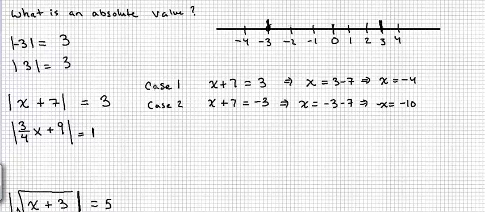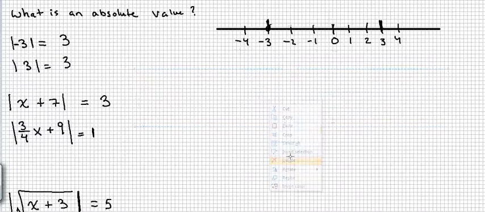Okay, let's clear this and look at this one. This is a little bit more complex, but the idea is still the same. So we have an absolute value equaling 1. That means that at the end of the day, when this whole thing is done, we're looking at an x value that when evaluated will land us here or here.